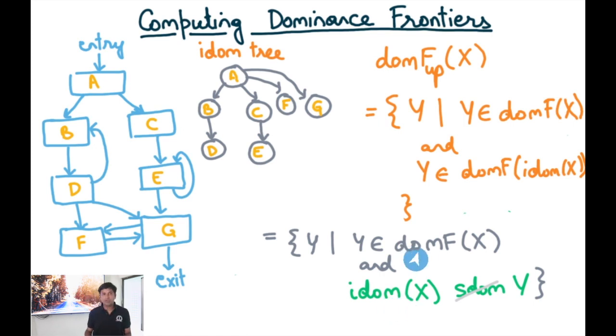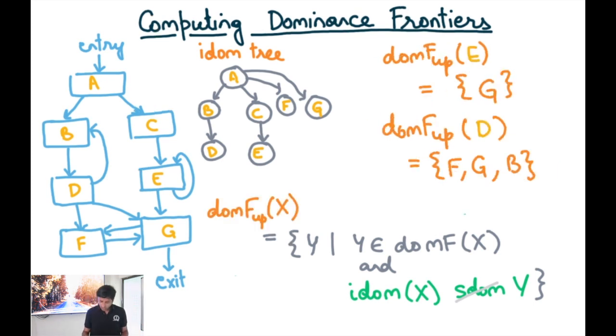Once I have the dominance frontier of X, all I need to do is check which of these nodes are strictly dominated by idom X, and if a node is not strictly dominated by idom X, then it is surely in the dominance frontier of idom X. And this is a key idea that I'm going to use to be able to pass on the information of the dominance frontier of one node to the dominance frontier of its parent.